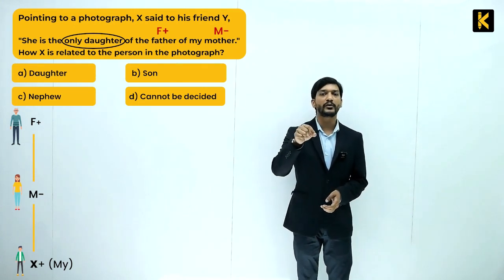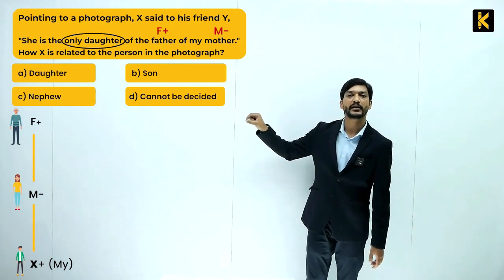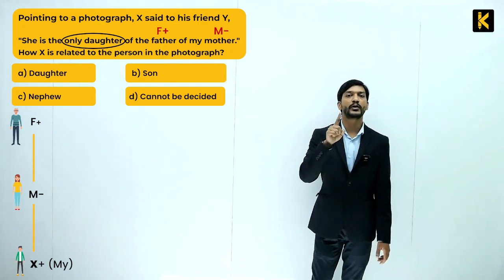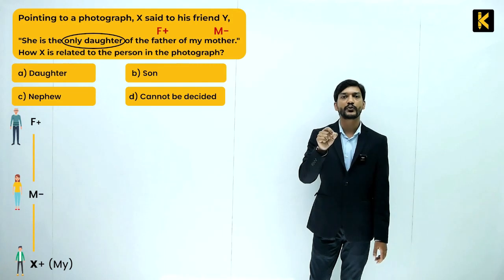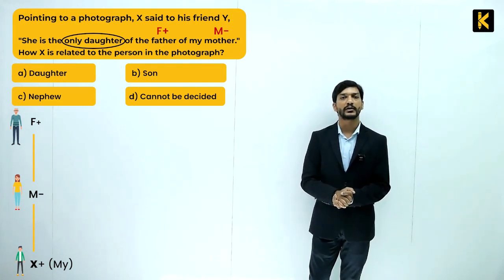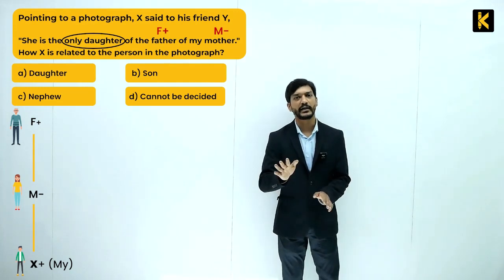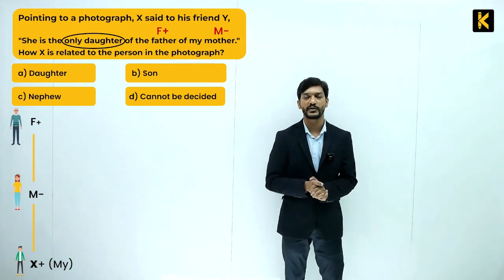So that only daughter has to be this person which is already there in the diagram. So the only daughter is definitely going to be M minus. Already there. We need not take one more person.